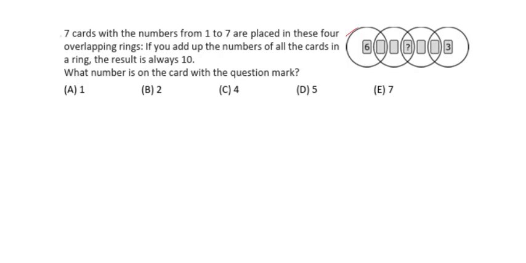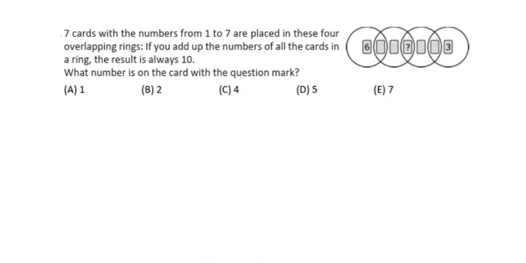If you add up the numbers of all cards in a ring, the result is always 10. Meaning, in this particular one, for example, if you take this circle, we have 2 numbers there, we have 6 and this. When you add them together, they must give us 10. That's what they mean by that.